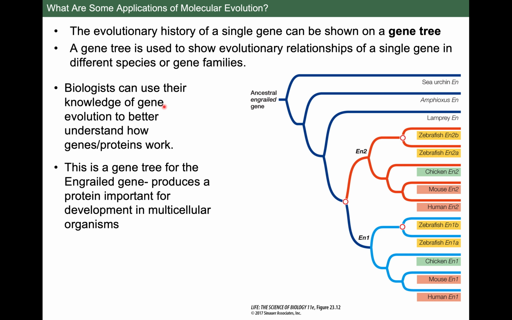And typically, this would be done by doing sequence alignments like we talked about in the first half, and producing what are called gene trees. So these would be like phylogenetic trees that are just comparing the sequence of maybe one specific gene across a bunch of different organisms. What you're seeing here is a gene tree for a gene called the engrailed gene, which makes this protein that's very important for development in pretty much all multicellular organisms.